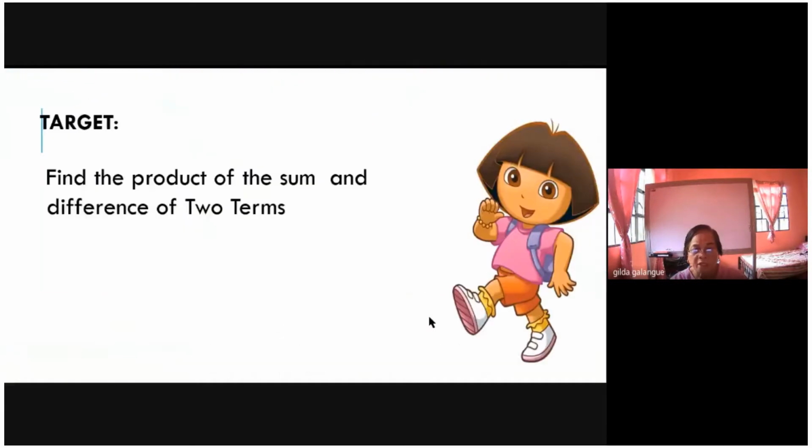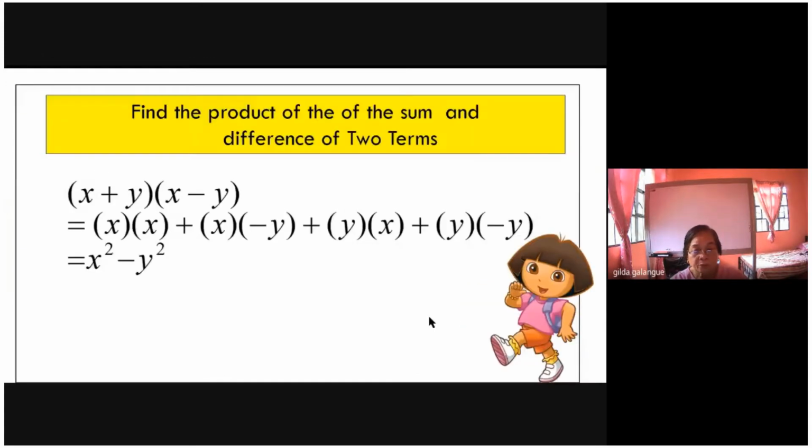So our target is to find the product of the sum and difference of two terms. In order to find the product of the sum and difference of two terms, first we will be applying the FOIL method. X times x, that is the first term, x squared. X times negative y, that is the outer terms.